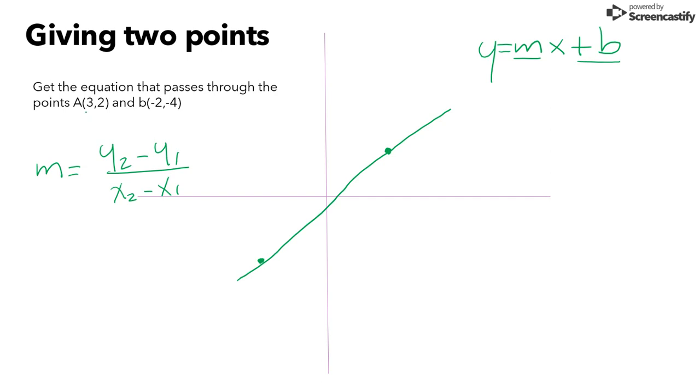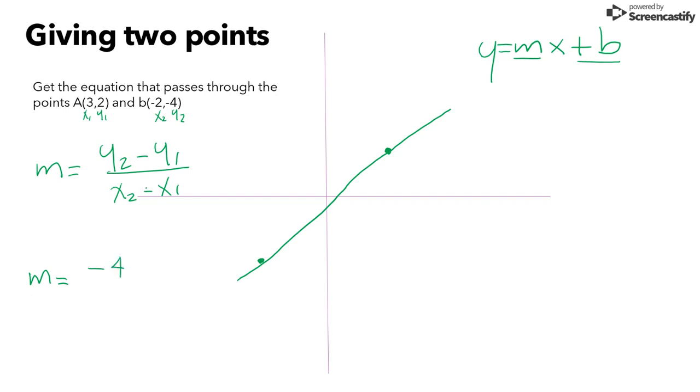If you remember from the class of yesterday, m is equal to y2 minus y1 divided by x2 minus x1. So I'm going to choose that this is x1, y1, x2, y2. And remember, it doesn't matter. It could be the other way, but we're going to get the same result. I'm going to substitute here. So y2 is equal to negative 4.